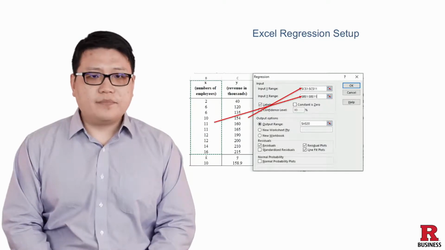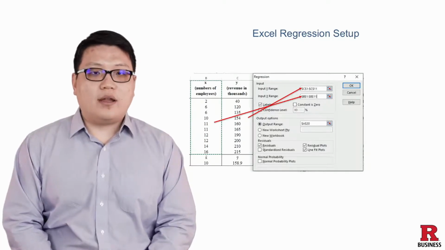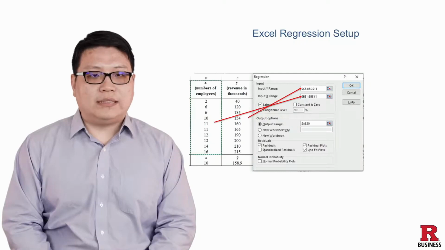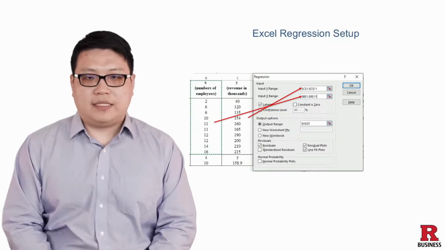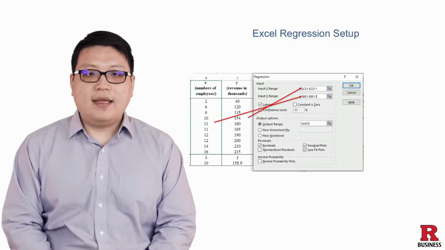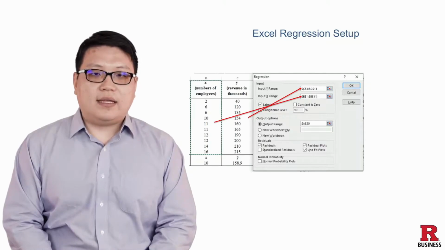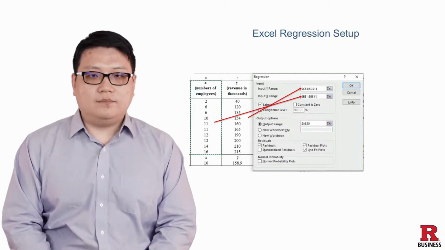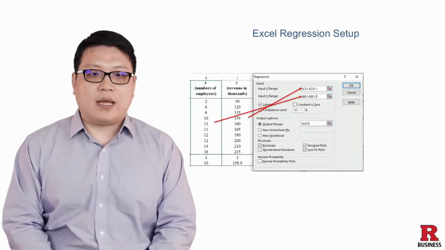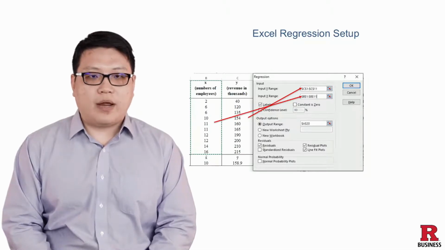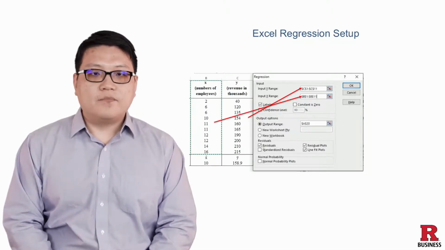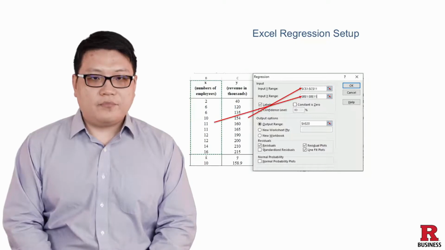On the Excel sheet, the input of y represents your outcome or dependent variable, so you just select the range of y, and the input of x is the number of employees, your independent variable. If you have multiple x variables, you can include them in this area.